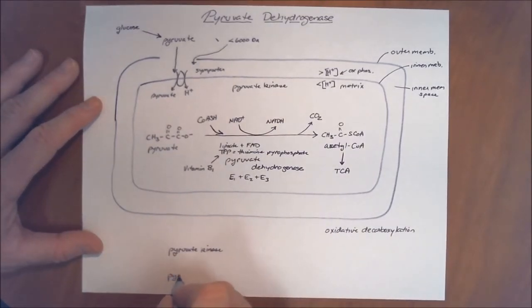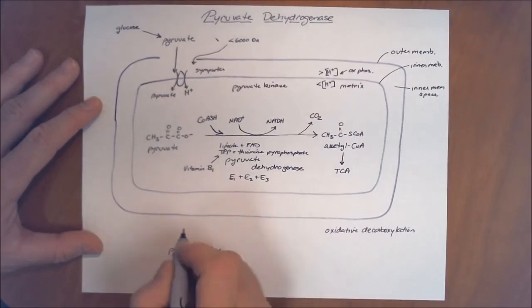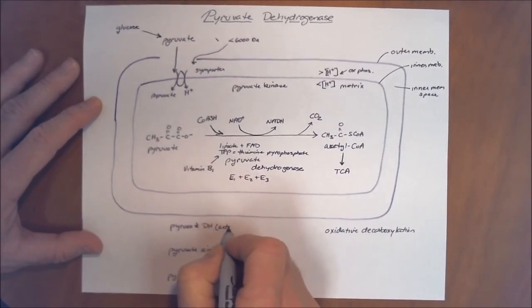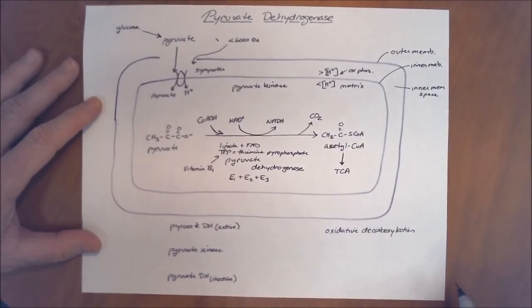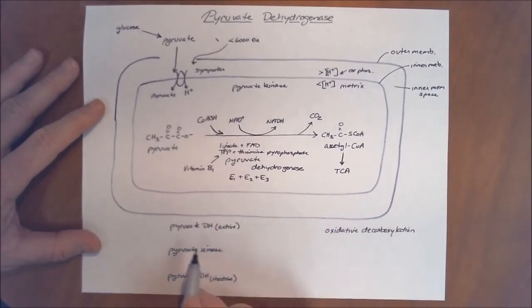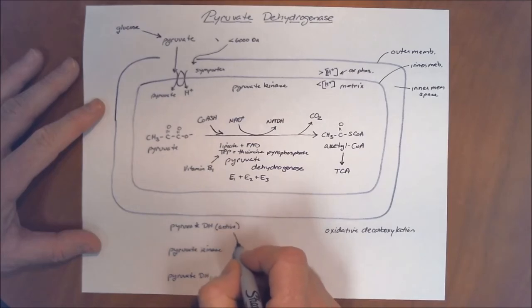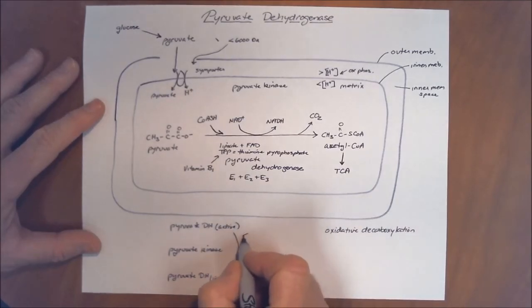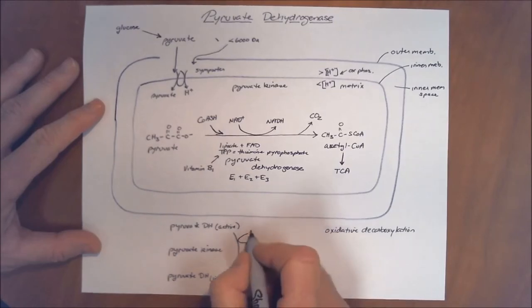We'll write pyruvate dehydrogenase in the inactive form below, and pyruvate dehydrogenase in its active form above. Now the conversion of the active to inactive form by the kinase is going to be done by a phosphorylation reaction.